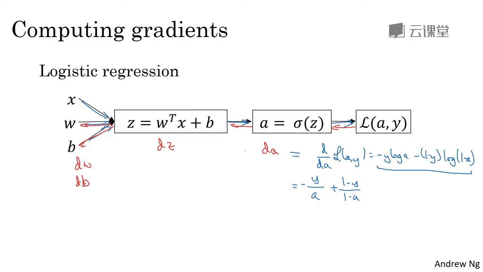It turns out when you take another step backwards to compute dz, we then worked out that dz is equal to a minus y. I didn't explain why previously, but it turns out that from the chain rule of calculus, dz is equal to dA times g prime of z, where g of z equals sigmoid of z is our activation function for this output unit in logistic regression.